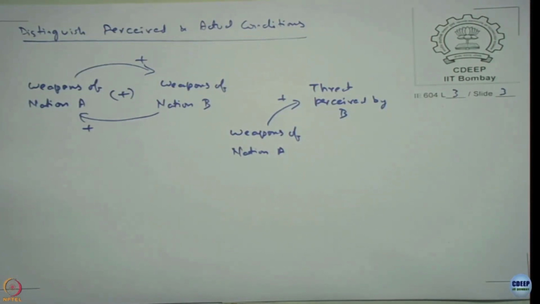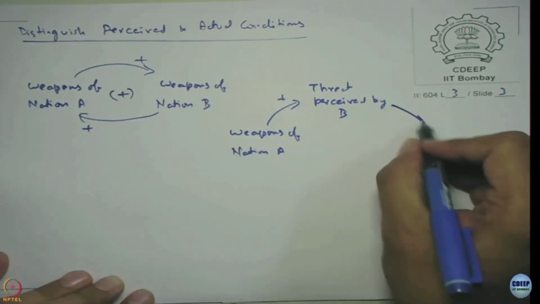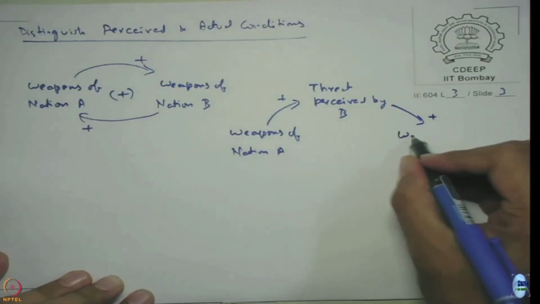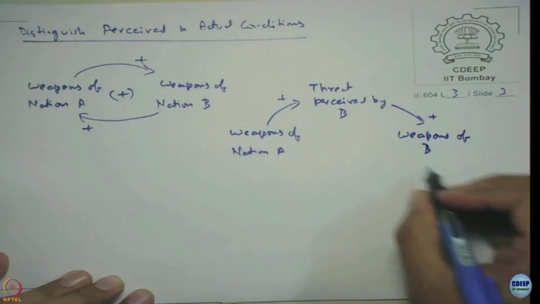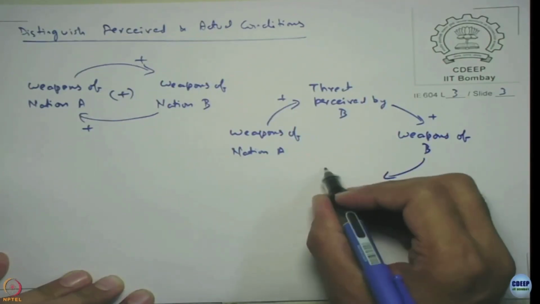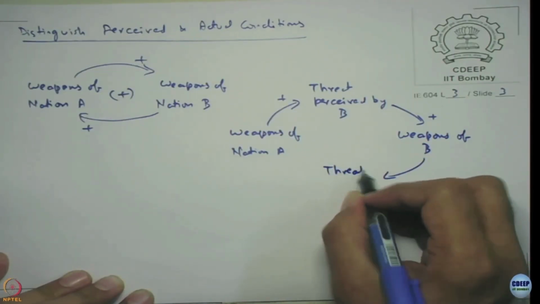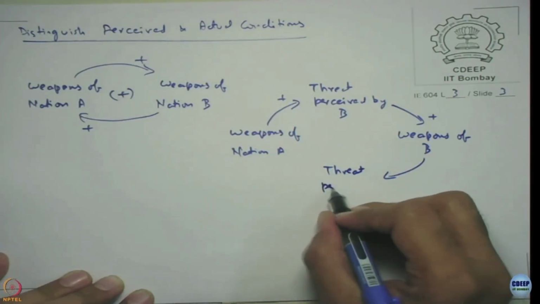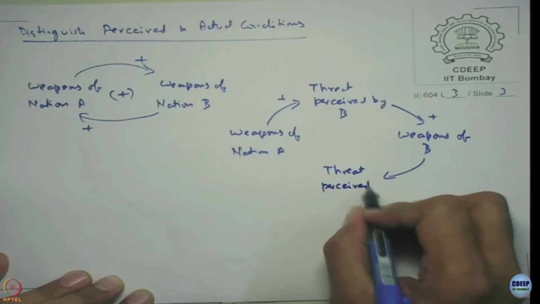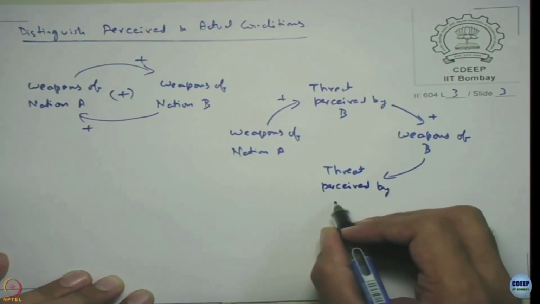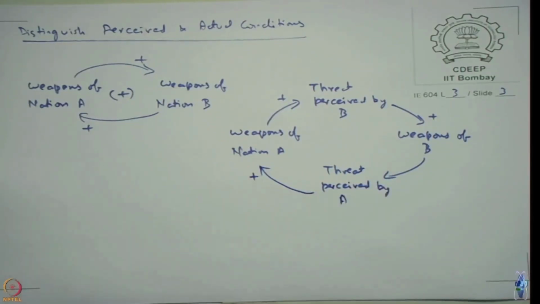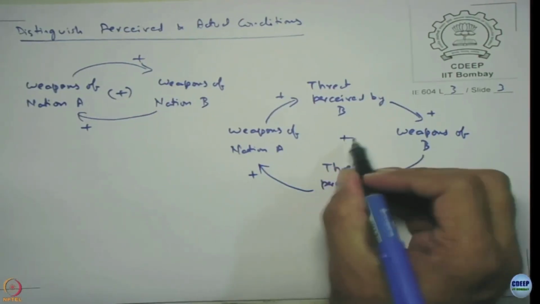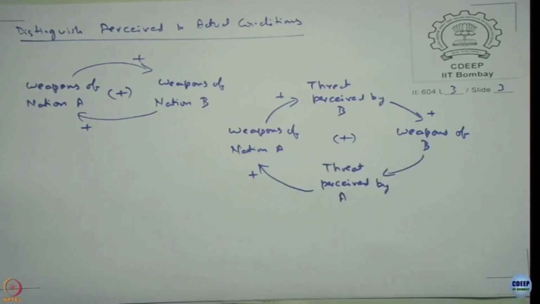As their perceived threat increases, they are going to invest in more weapons, which is going to increase the perceived threat level by A, which is going to increase the weapons of A.